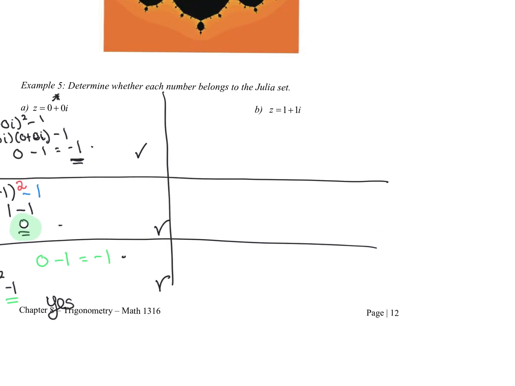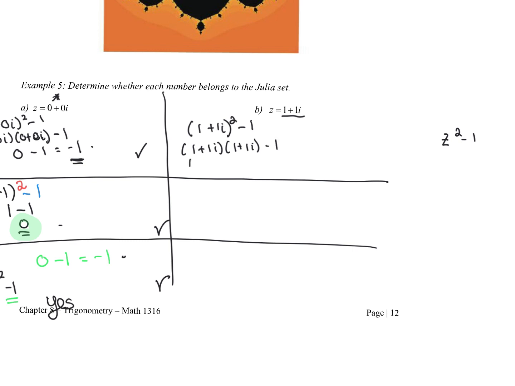Let's try B. So I'm going to write the thing over here to the side. So number 1 was z squared minus 1. So here's my z. So I'm going to get 1 plus 1i squared minus 1. 1 plus 1i times 1 plus 1i minus 1.